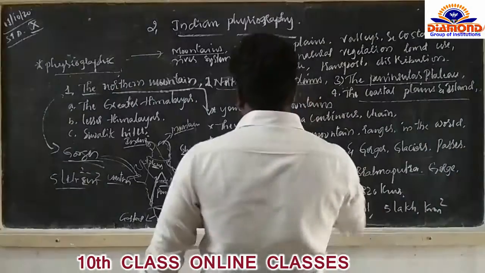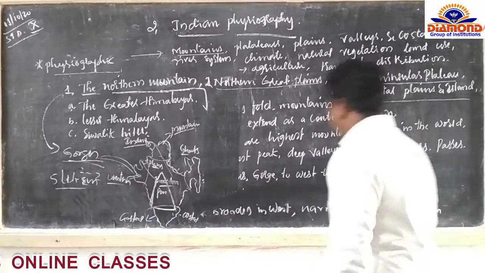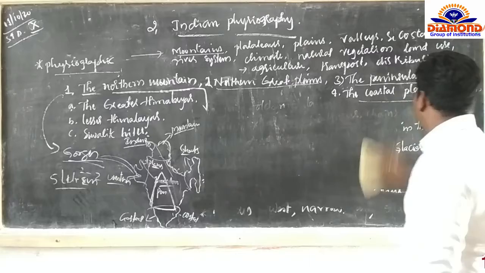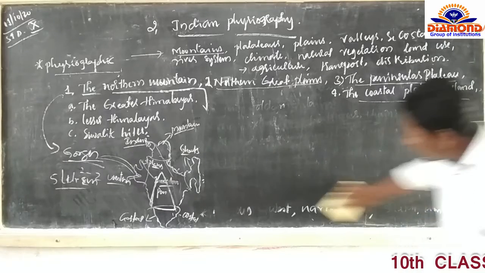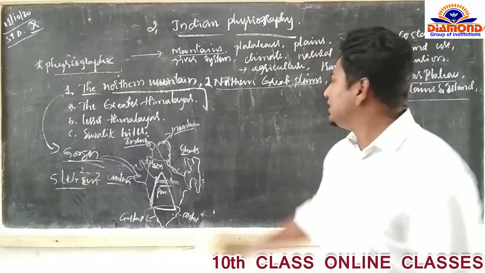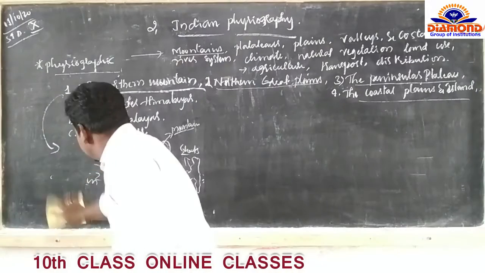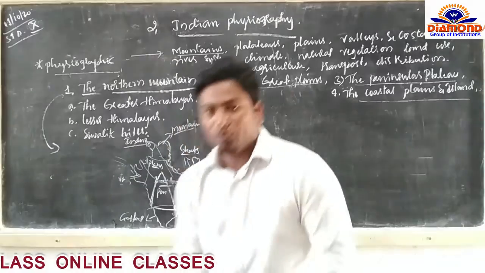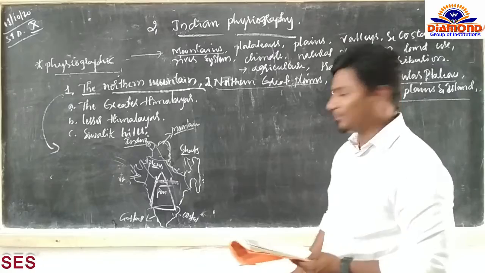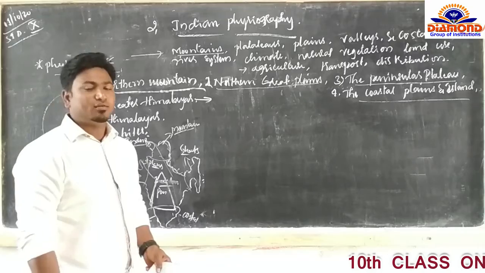So we are going to erase this and try to understand the Greater Himalayan ranges, their features, everything in detail. Okay, students, as I write this, we are going to understand the Greater Himalayan ranges.